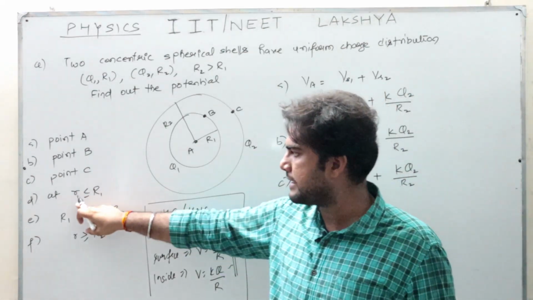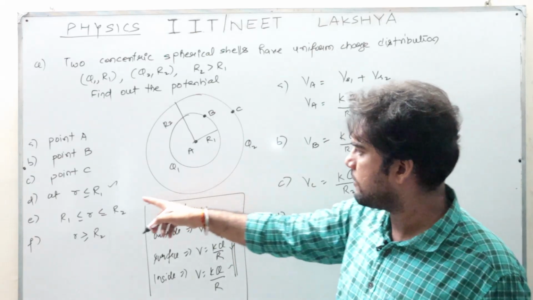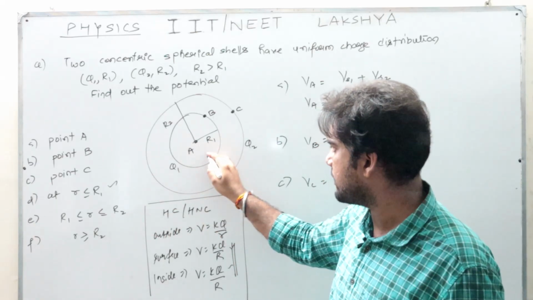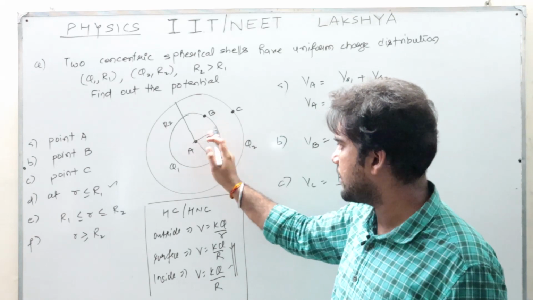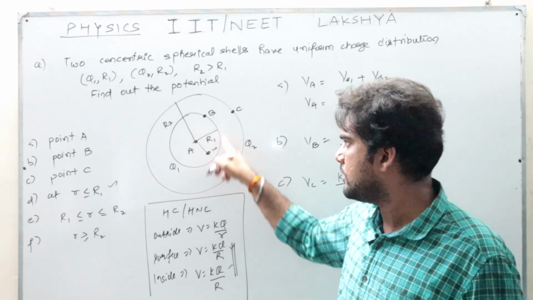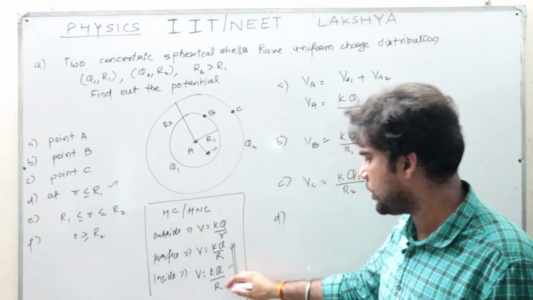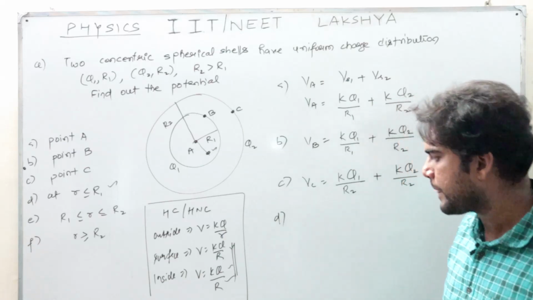Option D, r is less than or equal to R1, which means somewhere here. It is acting as the inside point for the first sphere as well as the inside point for the second sphere. Inside point, what is the formula? kq by capital R, where capital R is the radius.